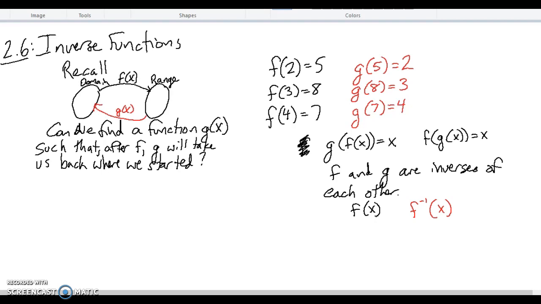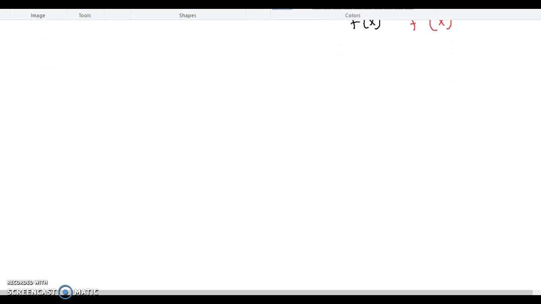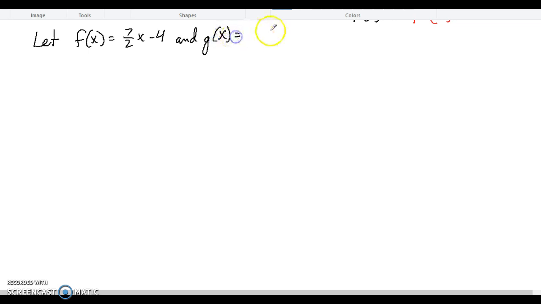So, for example, let's let f of x equal 7/2 x minus 4, and g of x equal 2x plus 8 all over 7.